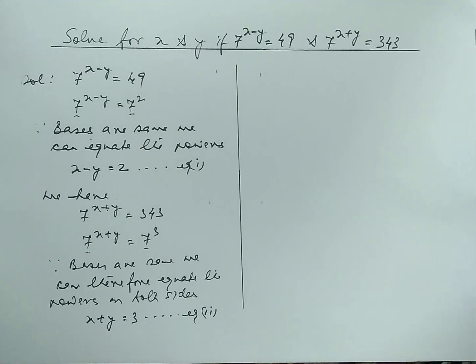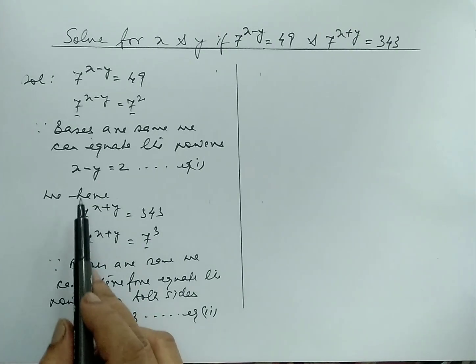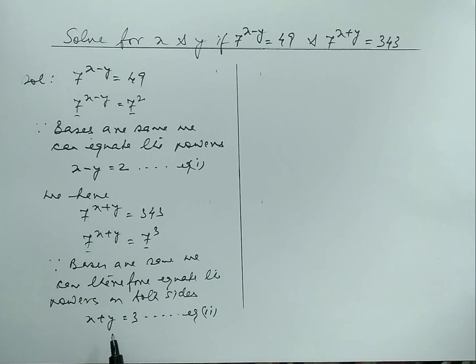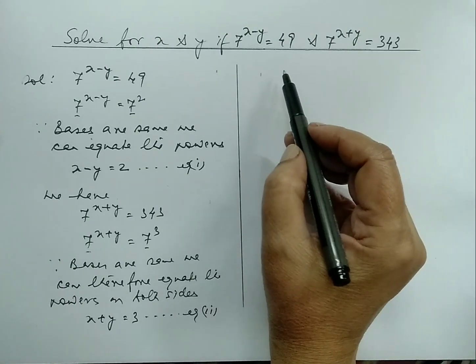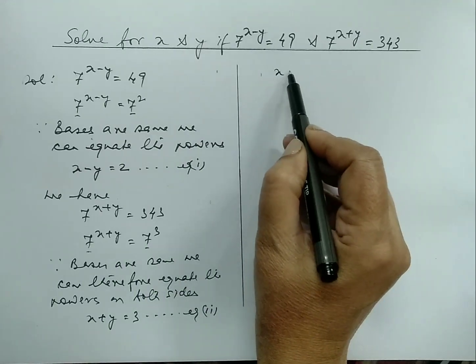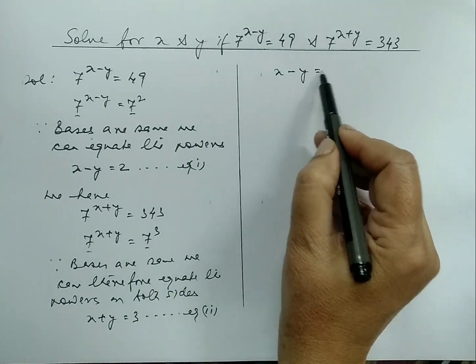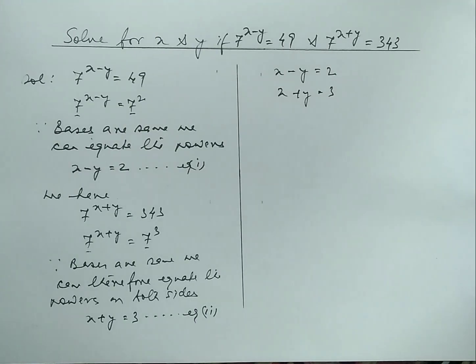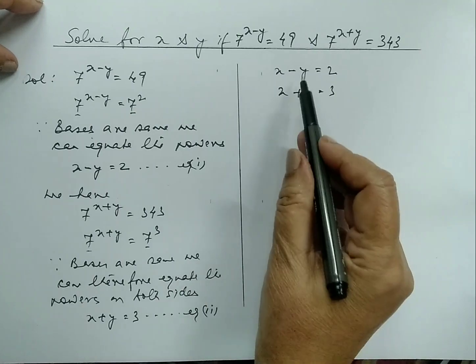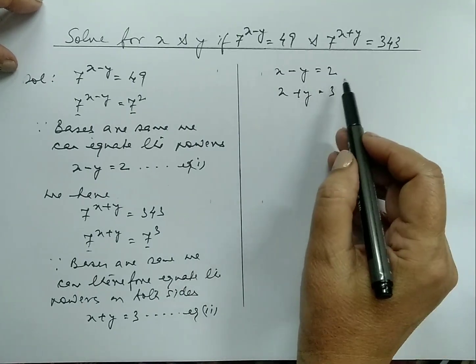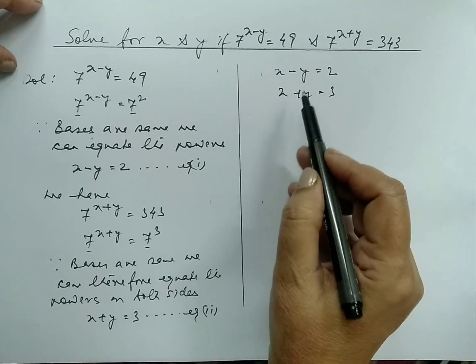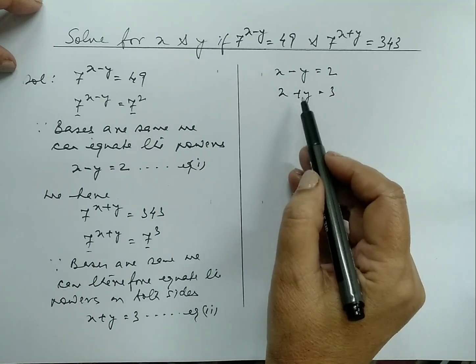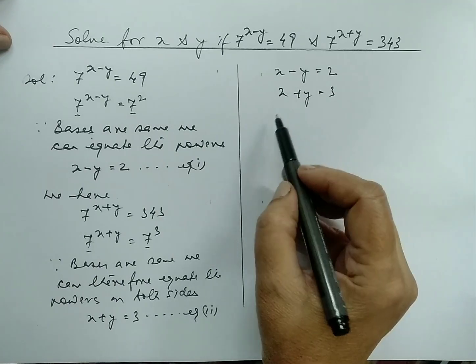Alright guys. So having got these, now we know that there are two equations for us to deal with. So if we were to write x minus y equals 2 and x plus y equals 3, if we add both these equations, can we not cancel minus y with plus y?